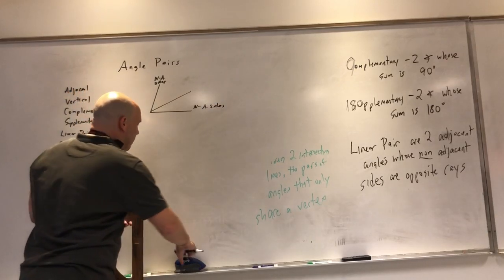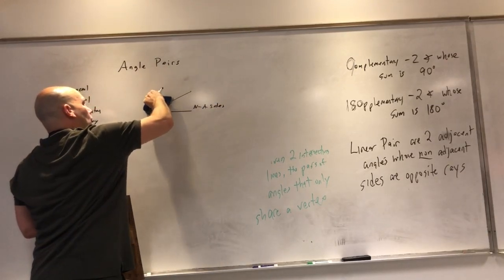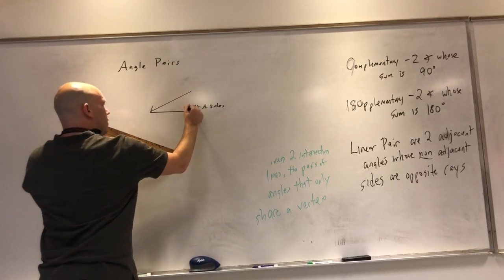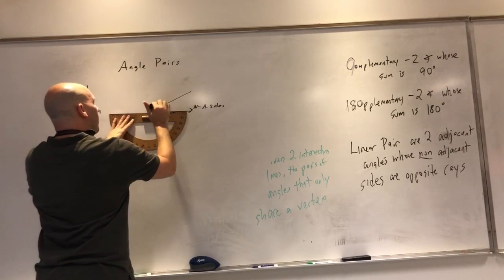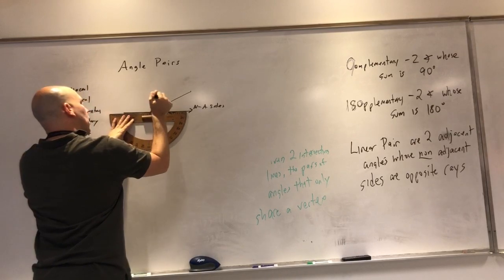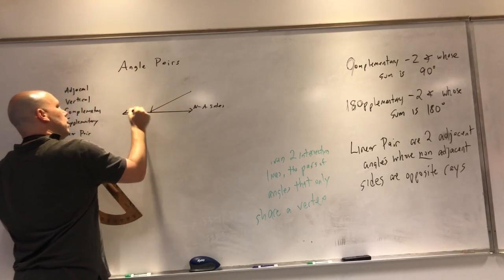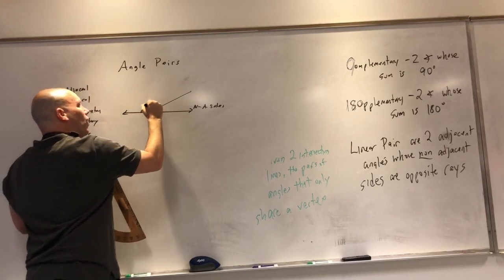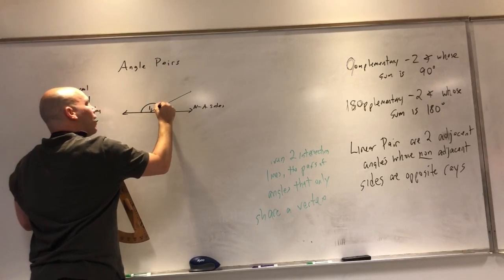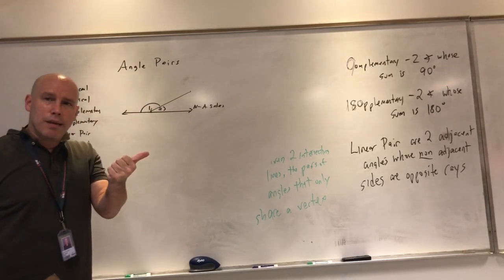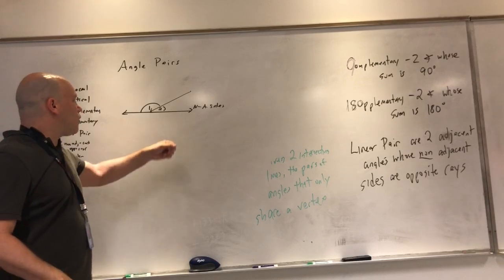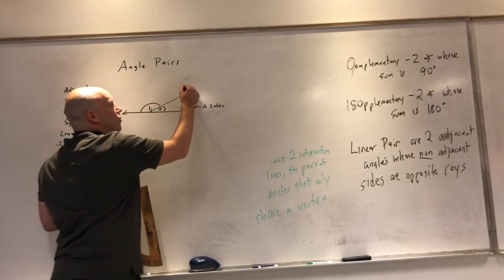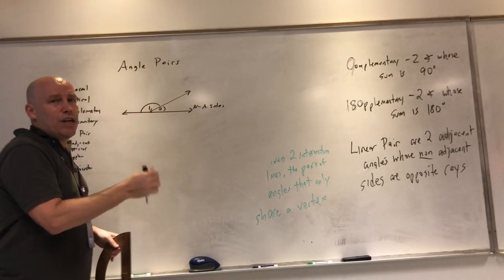So I'm going to erase this. So this is my first ray. Here's my other ray. And the idea here is that angle 1 and angle 2 are adjacent, and because their non-shared rays are opposite rays, we have a linear pair.